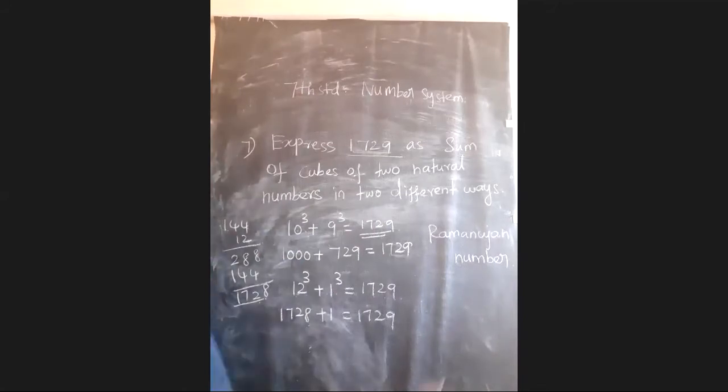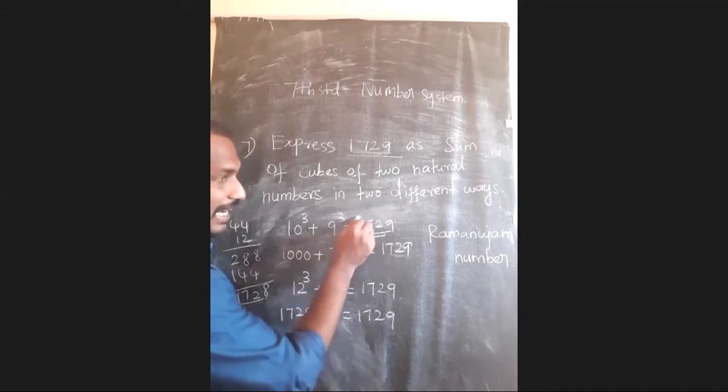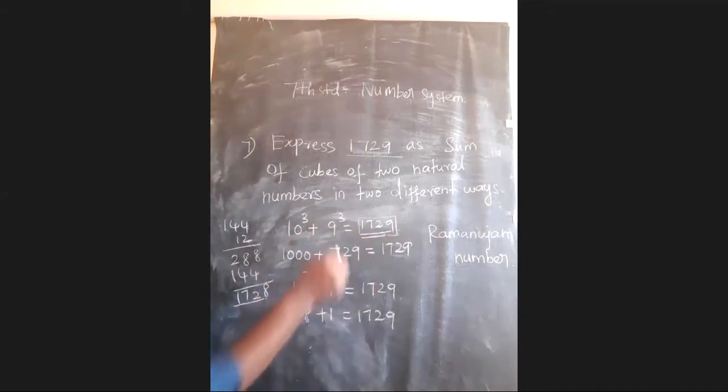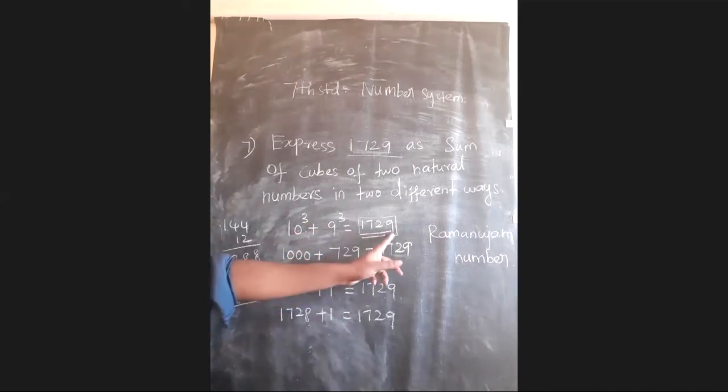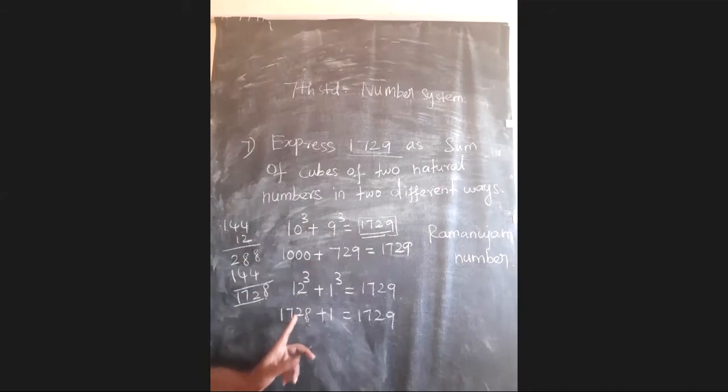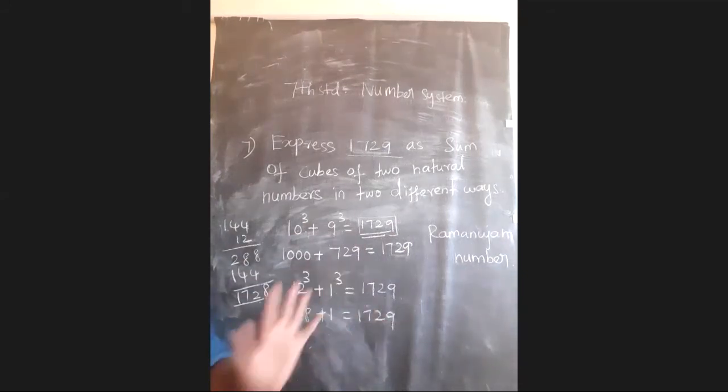Okay. So this 1729 is called Ramanujan number. So he is the mathematician. He is our Indian mathematician who found this number is having two separate sums of cubes. 10 cube plus 9 cube is 1729 and 1729 is equal to 12 cube plus 1 cube.